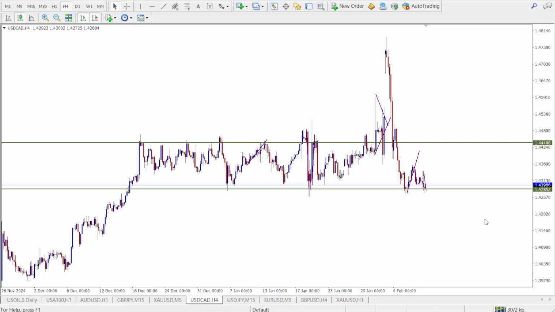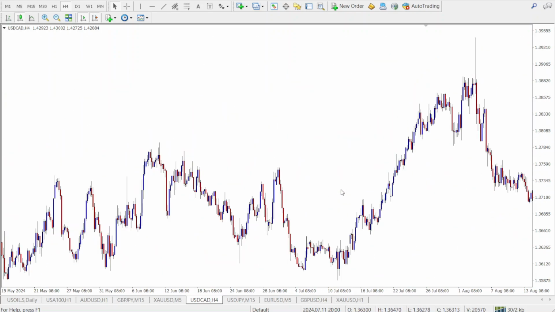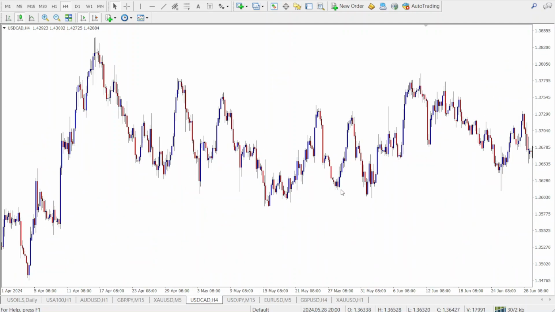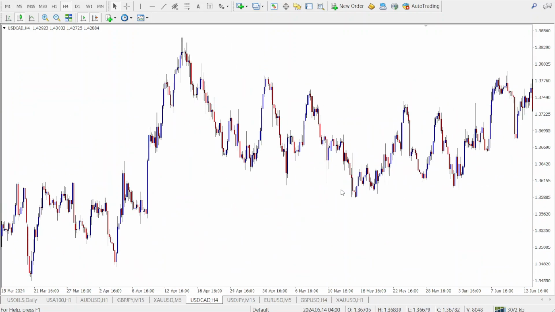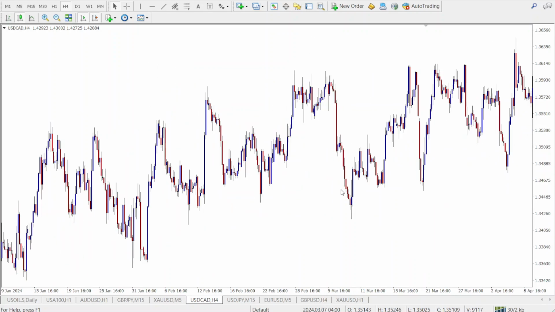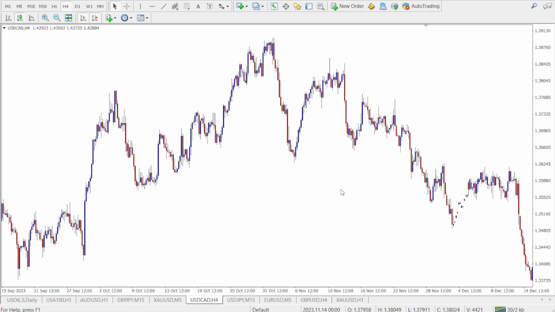It forms when price makes a high, pulls back, makes a higher high, and then fails to make a new high. Let's just see if we can find an example of a head and shoulders pattern.